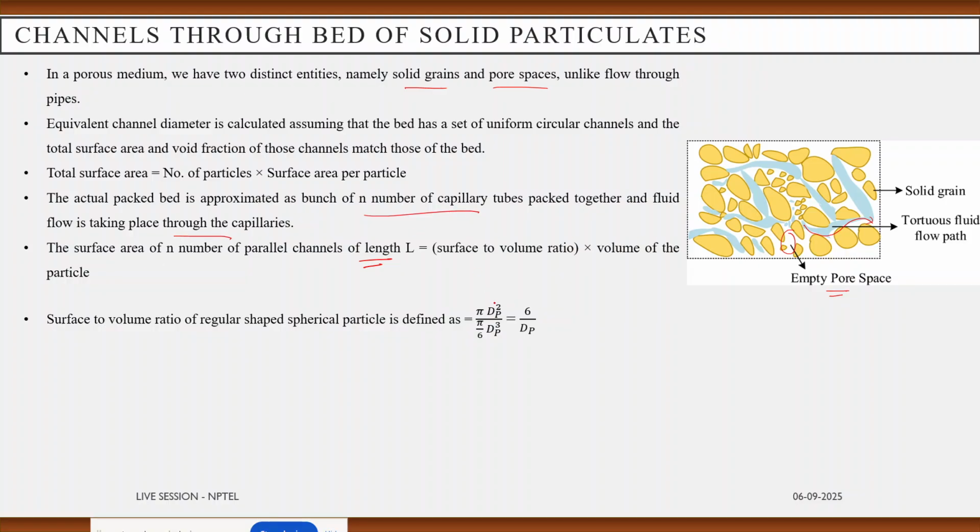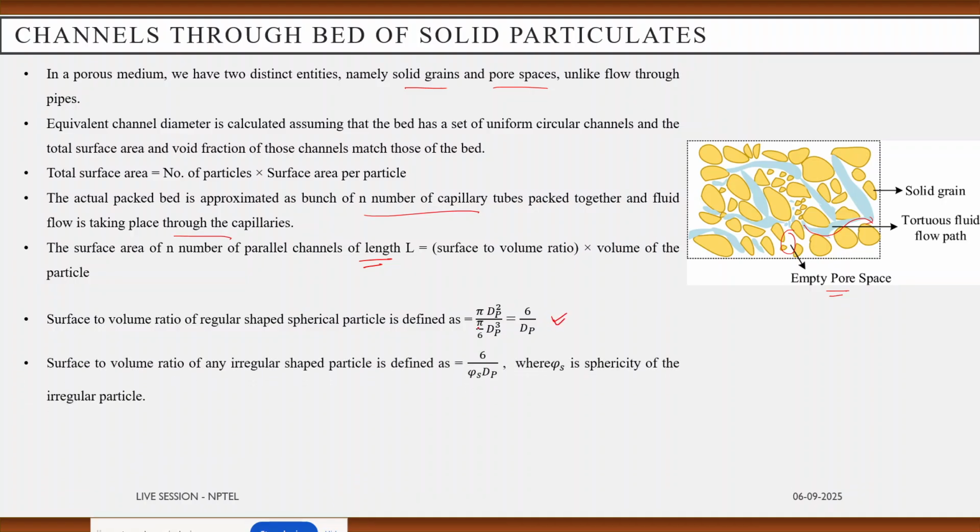That is the surface area of the sphere by the volume of the sphere, which comes to be 6 by dp. But when we are dealing with an irregular shaped particle, then the sphericity phi s will appear. And for your information, we have already discussed that sphericity equals 1 for a spherical particle.